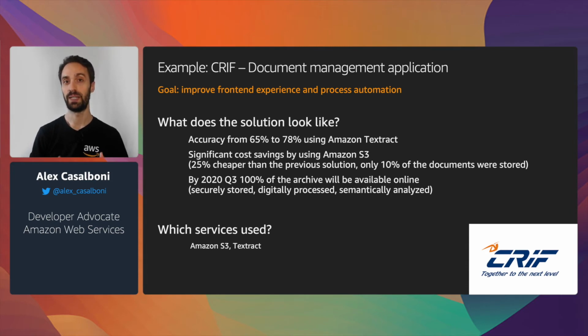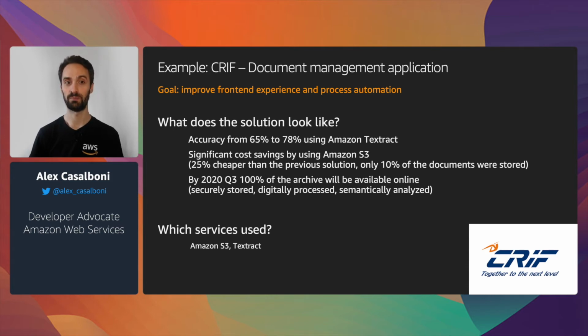Also, they tried initially to create their own OCR system, and they reached a precision of about 60 to 65%. With Textract, out of the box, just with a few API calls, they already reached more than 75, 78% accuracy, which is a pretty good improvement, given that you don't even need data science or machine learning experience to take care of this process.